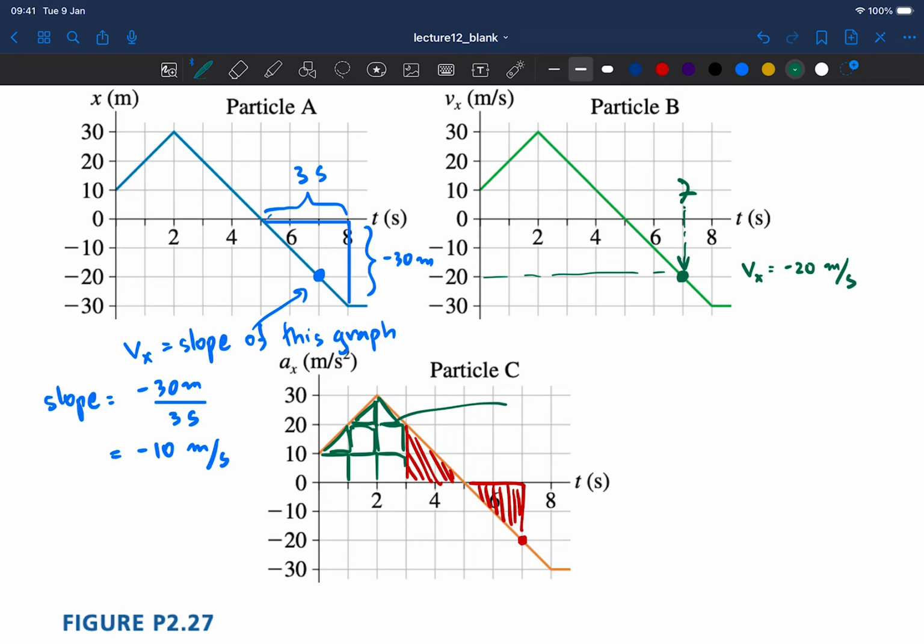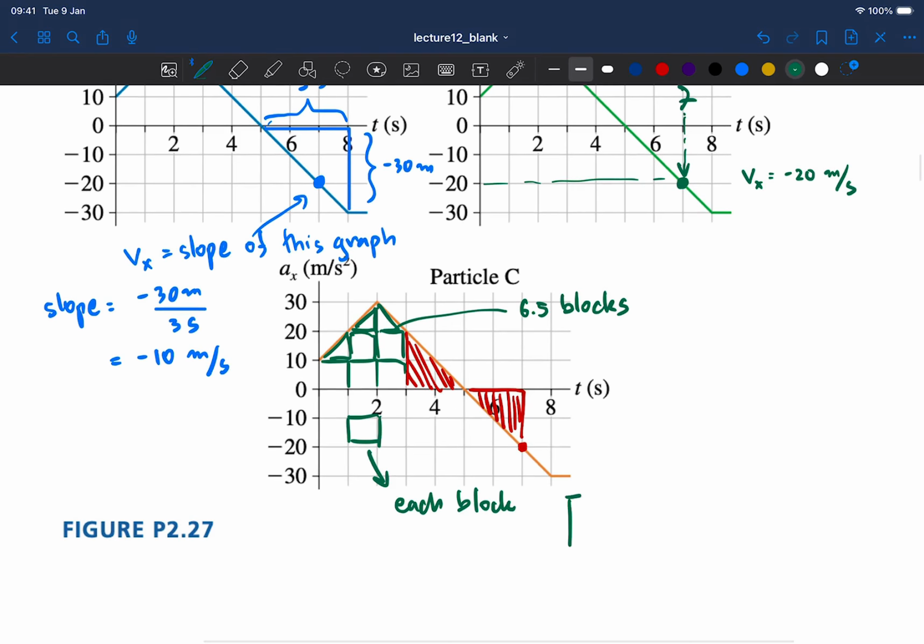So 6.5 blocks. And each block is 1 second in the width and 10 meters per second squared in the height. So each block, we are counting the area essentially.